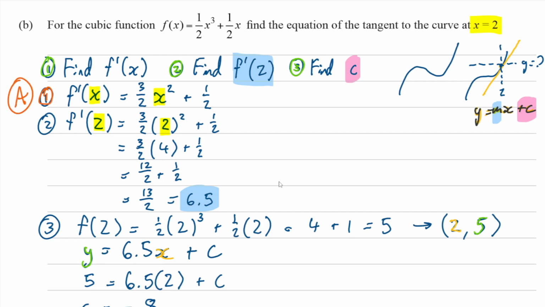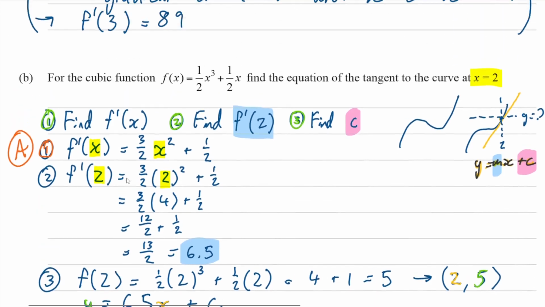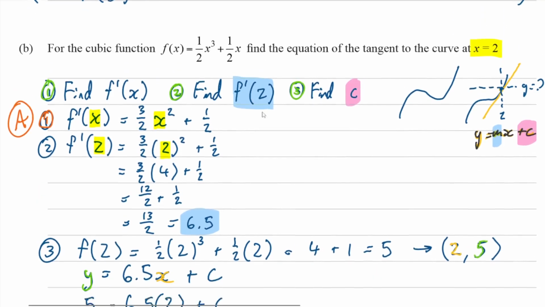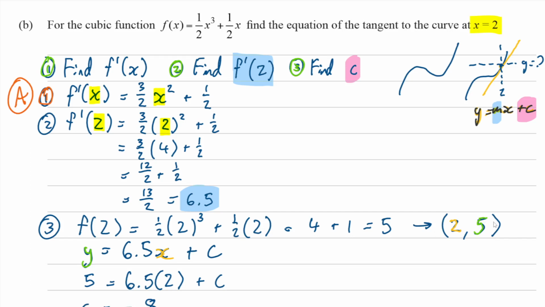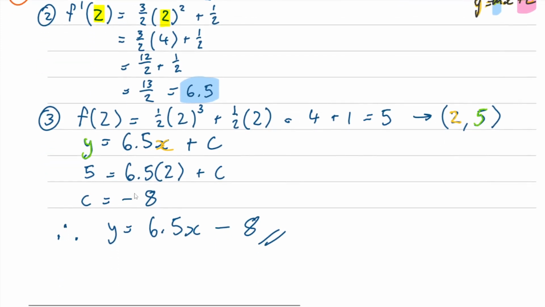We then use that to find the gradient of the tangent, right, of 6.5. We then went on to find the equation of the tangent. However, we needed to find the corresponding y value, so we substituted 2 into the original function to give us the point of intersect at 2, 5. Using that point in our y equals mx plus c, we solved for c and then stated our final equation.